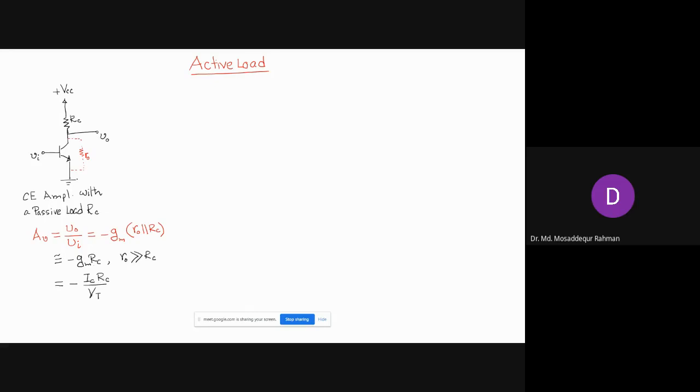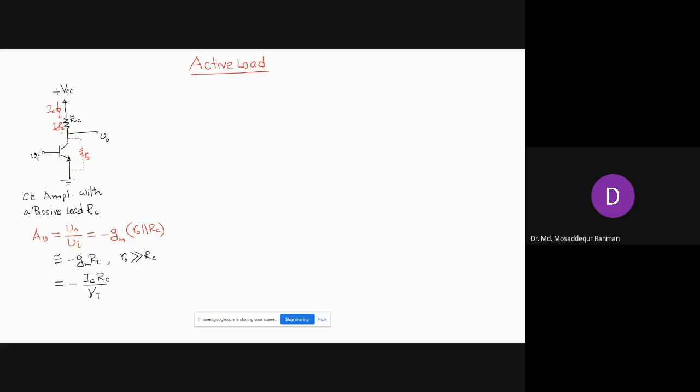Now, if you look at the circuit, what is IC RC? IC RC is this voltage drop, and IC is the current flowing here.